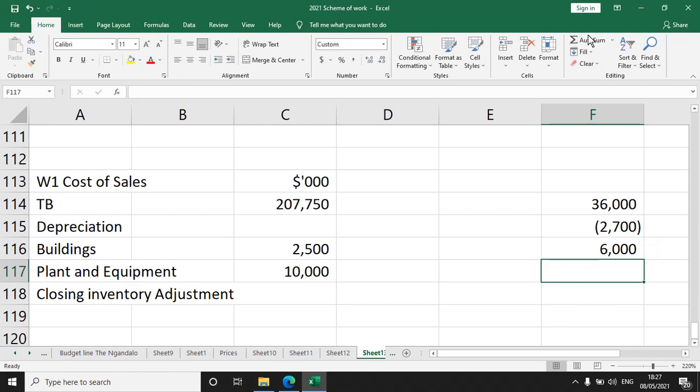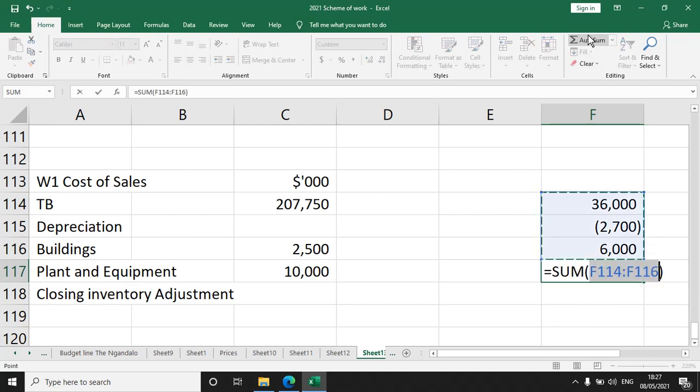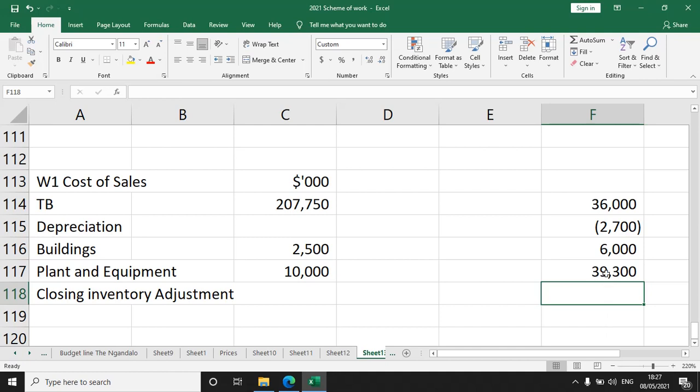So when you do the summation, you find that the actual closing inventory was, something wrong with my computer now. The actual closing inventory was 36 or 39. Oh, come on.